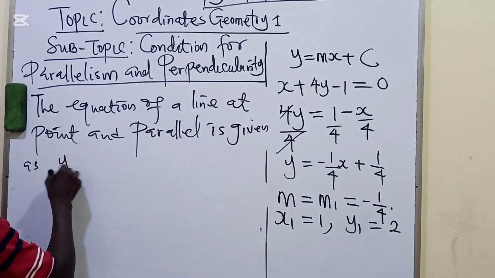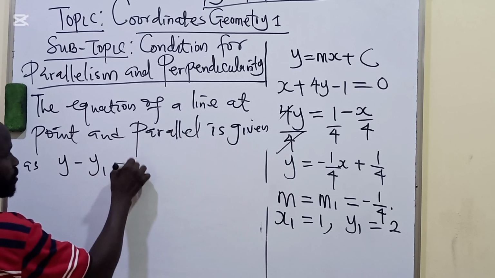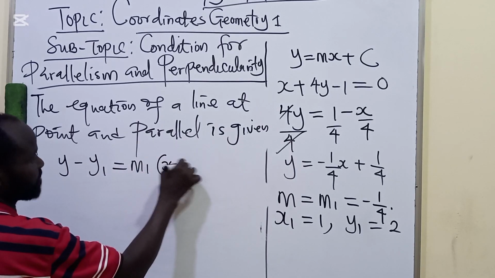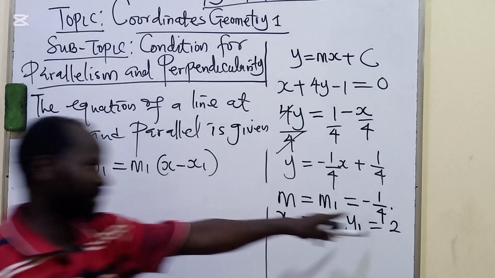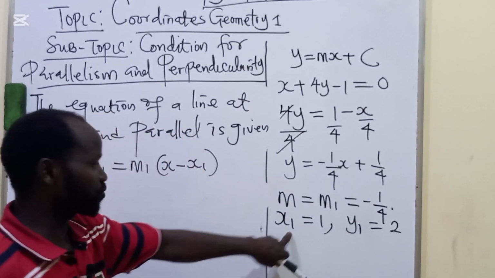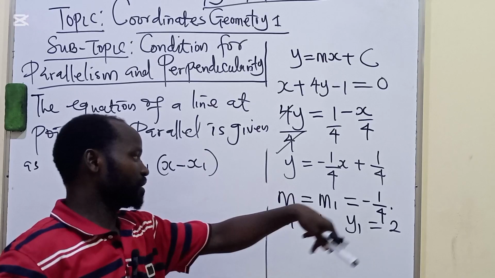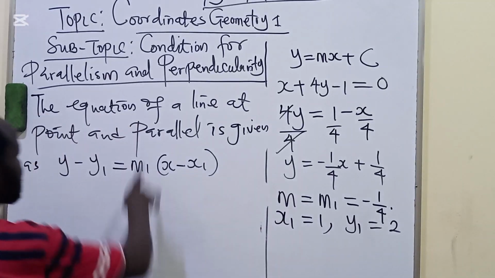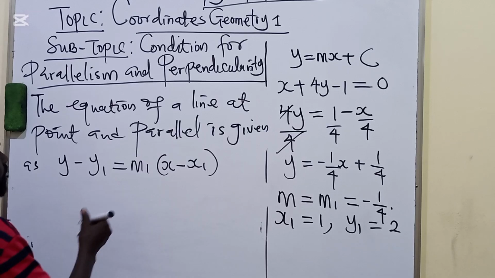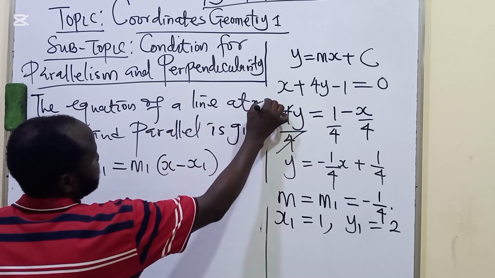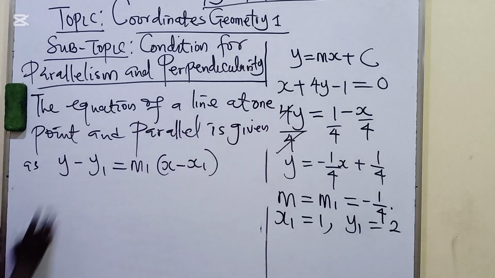We know our m1 as minus 1 over 4. That is when we say at a point. At one point. Very important. So let's substitute.